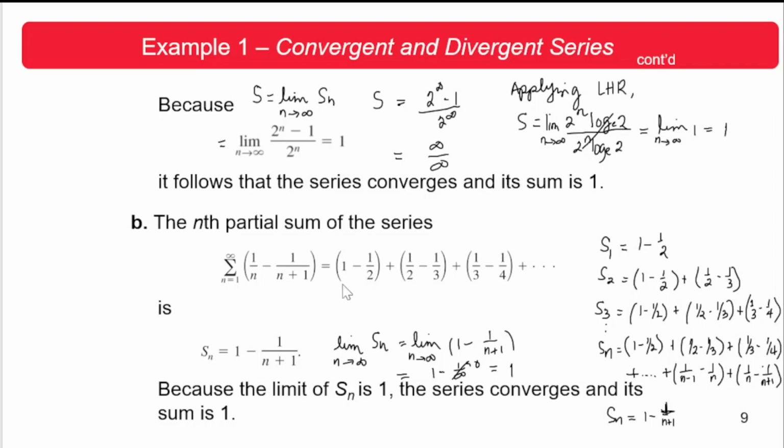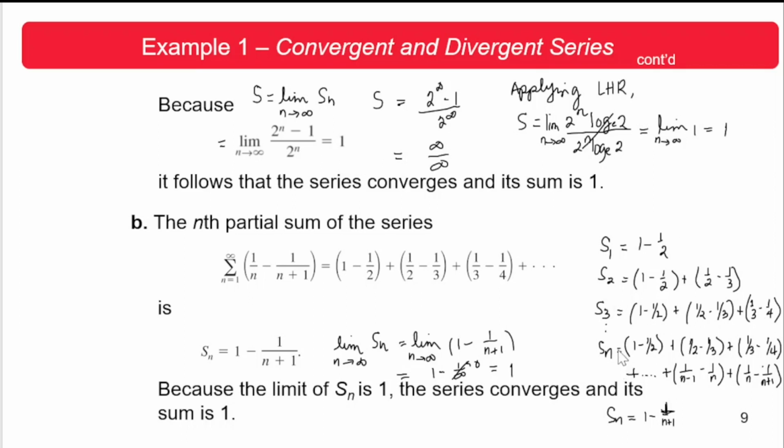So in this series, the sum of the first term is equal to 1 minus 1/2. Then S of 2, which is the sum of the first two terms, is 1 minus 1/2 plus 1/2 minus 1/3. S of 3 is 1 minus 1/2 plus 1/2 minus 1/3 plus 1/3 minus 1/4, which is the sum of the first three terms.